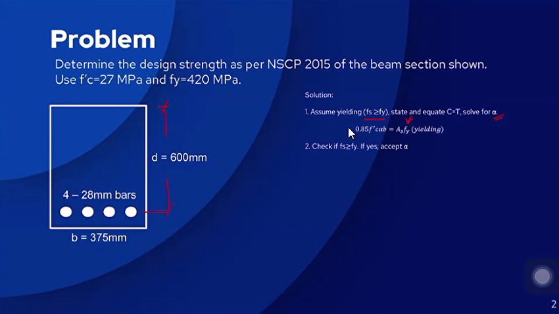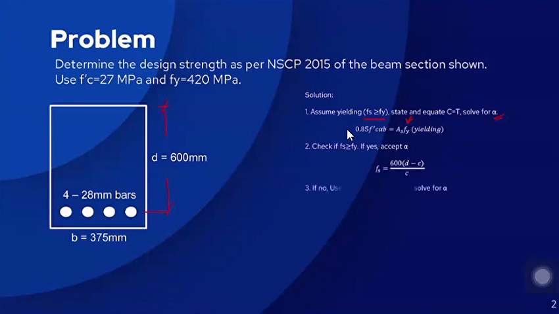So you can check by using the formula for Fs, that is equal to 600 quantity D minus C all over C. And what is C in the formula? So this is the distance from your compression fiber to your neutral axis in the stress block. So kailangan nating alamin yung value ng C.